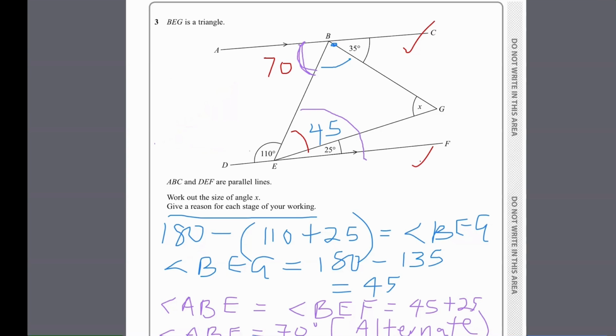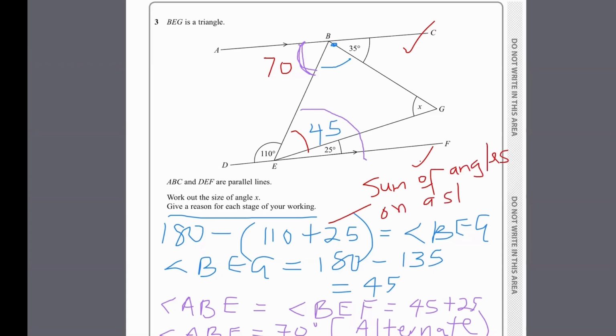Once this is 70, we can use the angles on a straight line for the angle EBG. I'll just take out some of the things that I've written to allow us space to solve the many parts of the question. Since we should give a reason for each stage, don't forget to add the reason for the first stage, that is the sum of angles on a straight line.